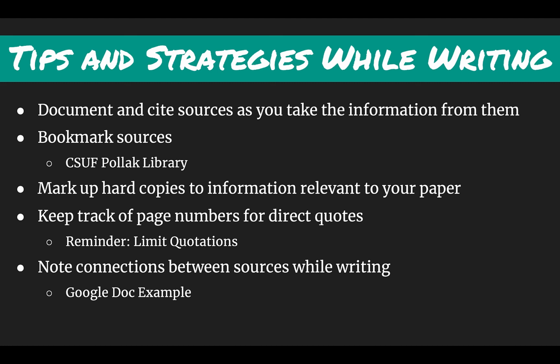Then I write a one-word label for where it fits in my paper. So let's say my subheadings were race, class, and gender, so I label it class, knowing that's where it's going to fit. Last, I write a 1 or 2 sentence description of how it connects to my topic, and then I do the citation information, the in-text and post-text citation info in ASA, or set it aside to do later.